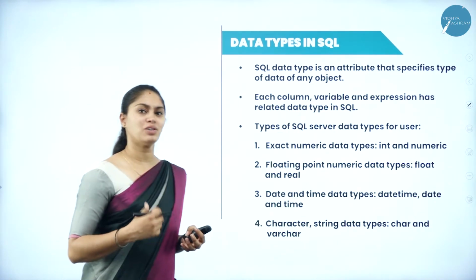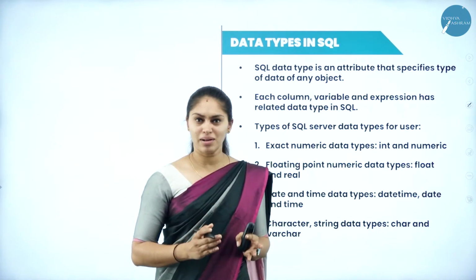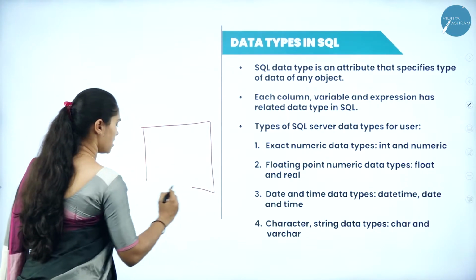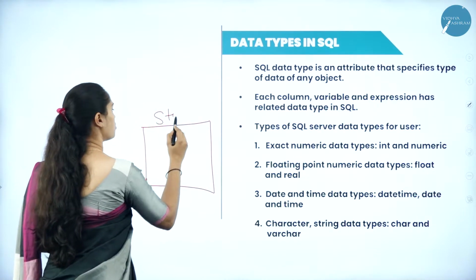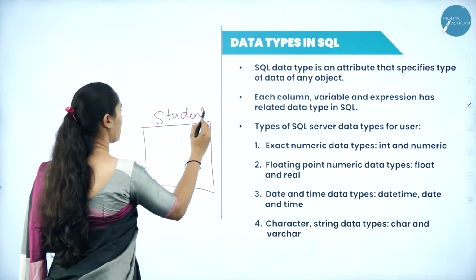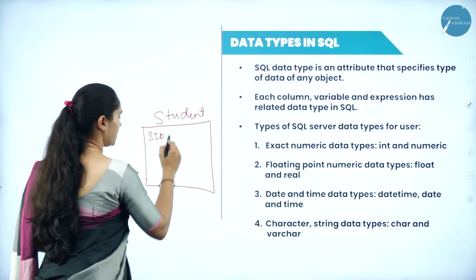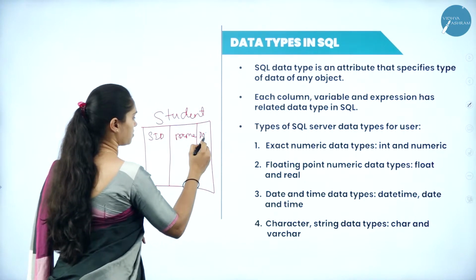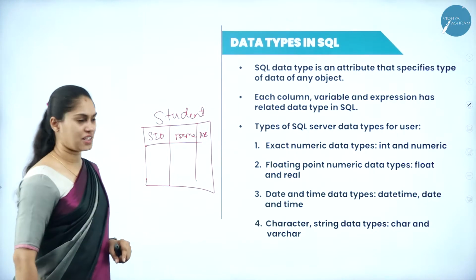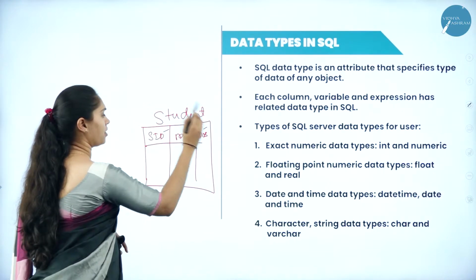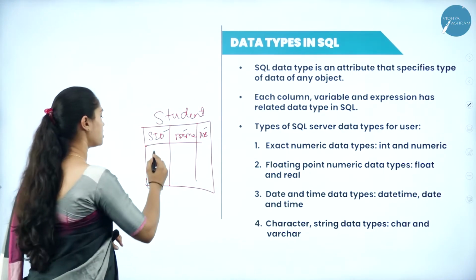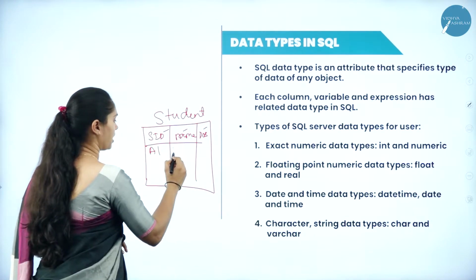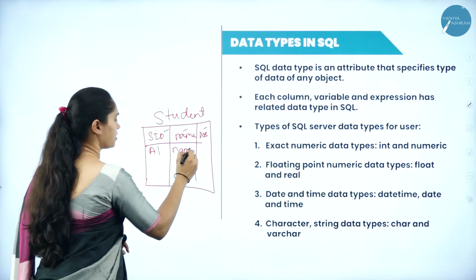As we all know, we are dealing with tables or relations. Let me write one table for all of you. Consider this as a student table, right? What does a student consist of? They will have student ID, obviously a name, and a date of birth. So it has three attributes: student ID, name and date of birth. For example, for student ID, I am going to give A1. For name, I am going to give the name Namita.